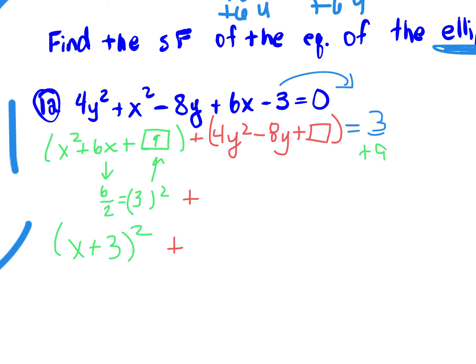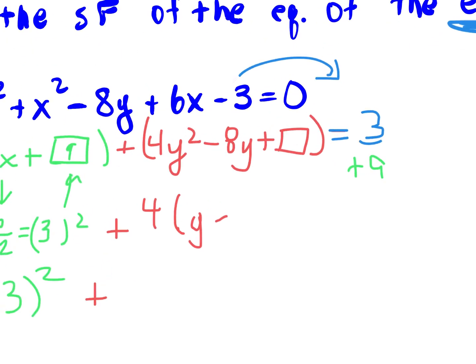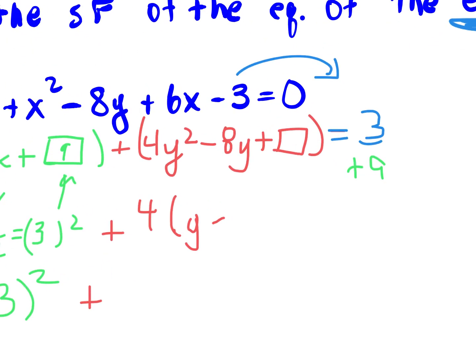So I look and I say, oh wait, I can factor out a 4. So when I factor out that 4, that leaves me with y squared minus 2y plus the box, which is going to send something to the other side in just 1 second.